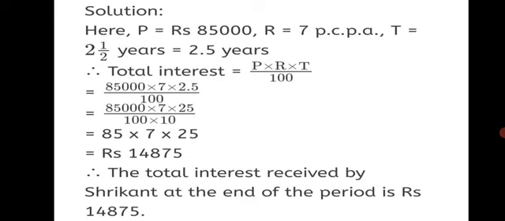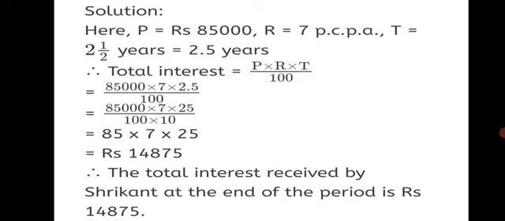We write what is given in the question: P is equal to rupees 85,000, R is equal to 7 PCPA and T is equal to 2.5 years. Therefore, total interest is equal to the formula P into R into T upon 100, which is 85,000 into 7 into 2.5 upon 100.